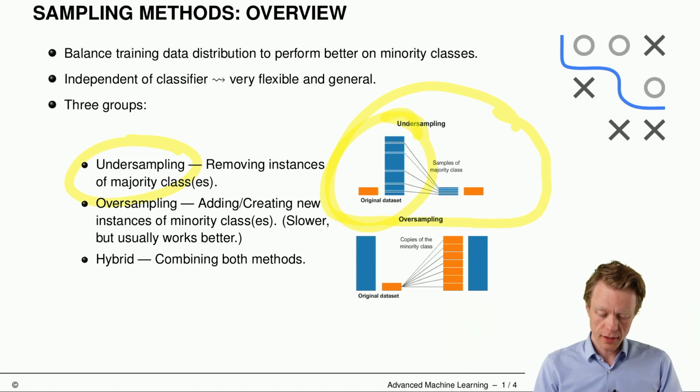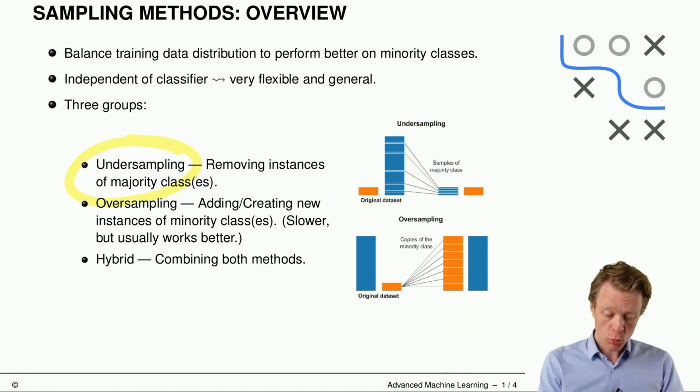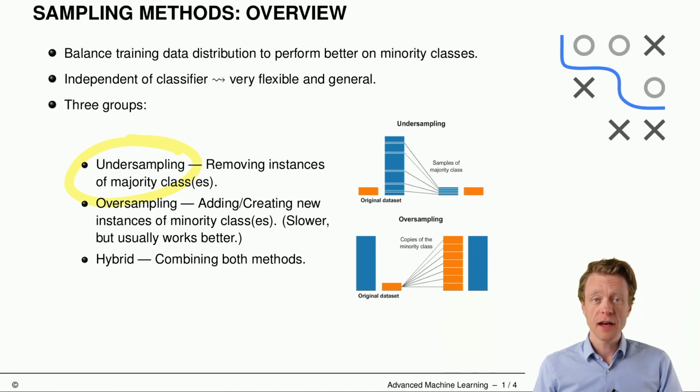We have a majority class and the minority class, and of course more observations of the majority class. That's why it's called majority class. And what we do in undersampling is that we make the majority class smaller. So we disregard some of those observations, and in the end the data set is more or less balanced.